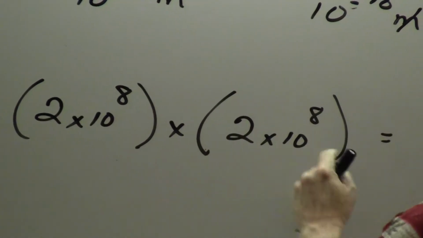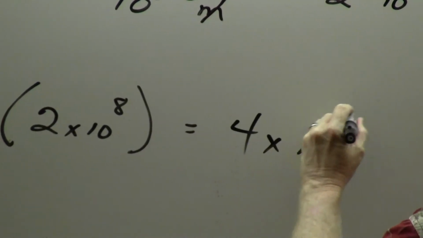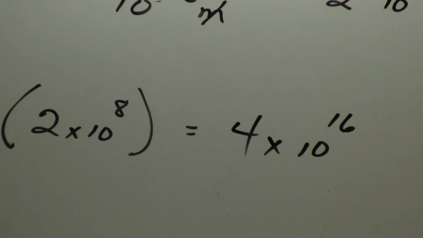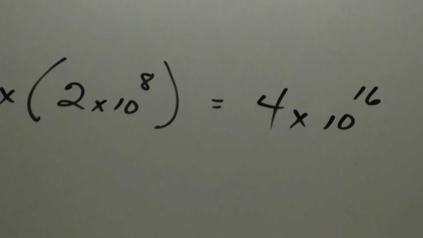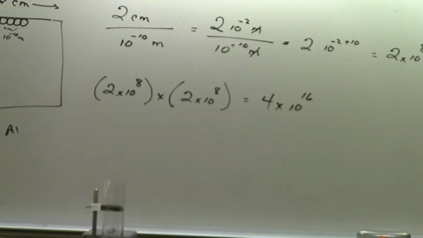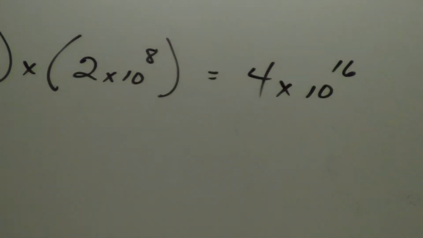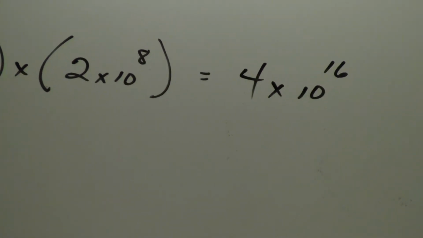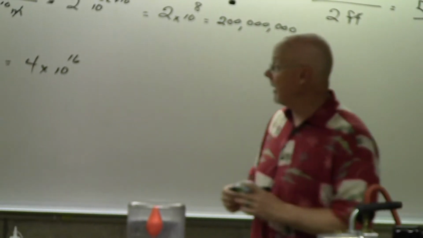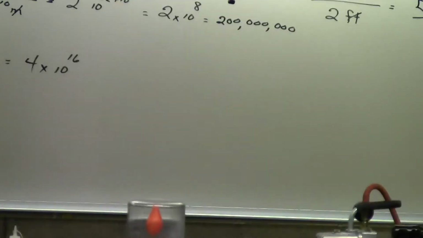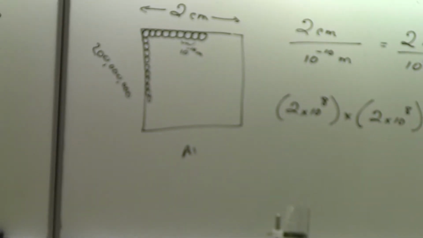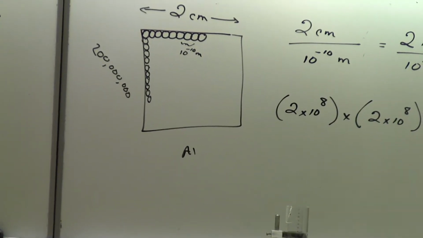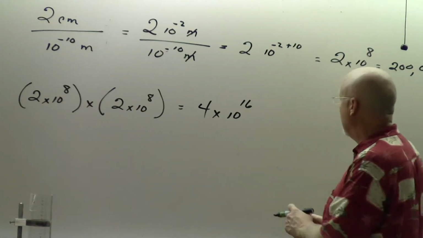And 10 to the 8th times 10 to the 8th is 10 to the 16th. And so there's my answer. 4 times 10 to the 16th is a rough answer. Like I said, it's not perfect, because this is not the exact size of the atom, but it's pretty close. And so what we call order of magnitude, I just forget the 4, there's about 10 to the 16th.